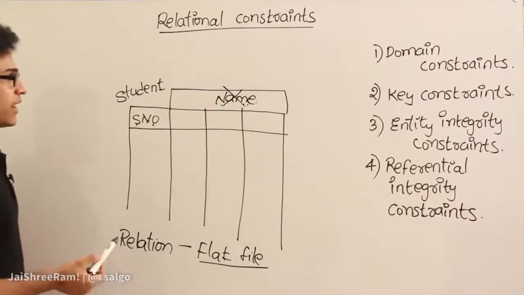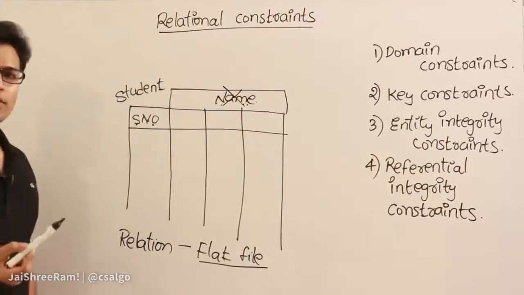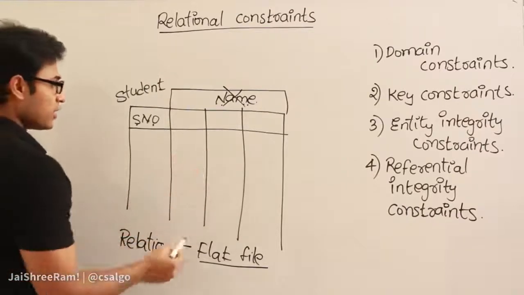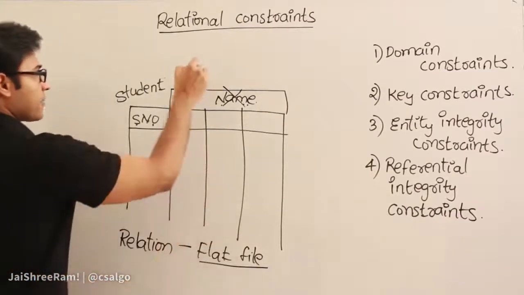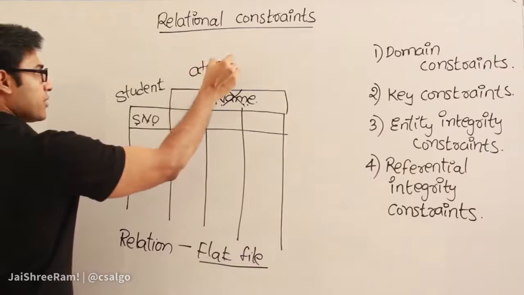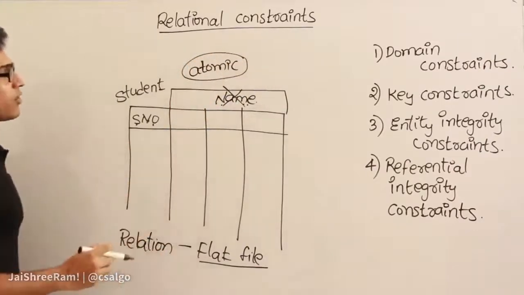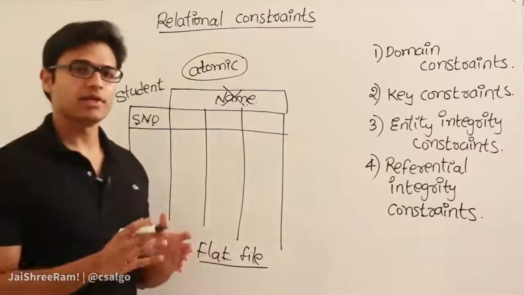The reason is that every element that you insert into the attributes of any tuple should be atomic. Atomic means the smallest individual unit, right? It cannot be divisible. It has to be indivisible.